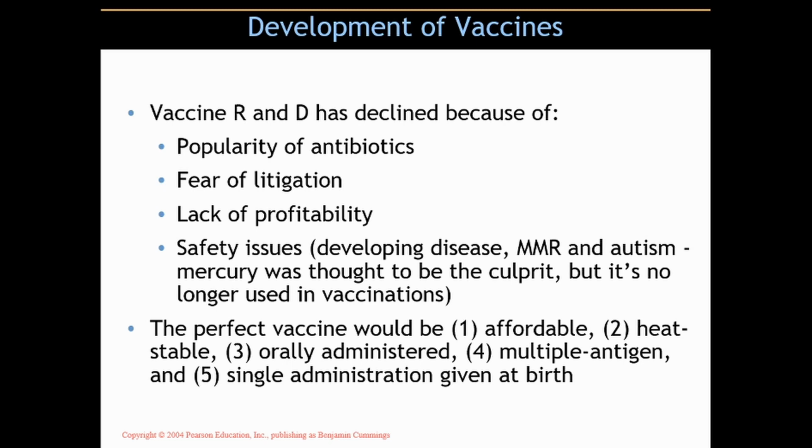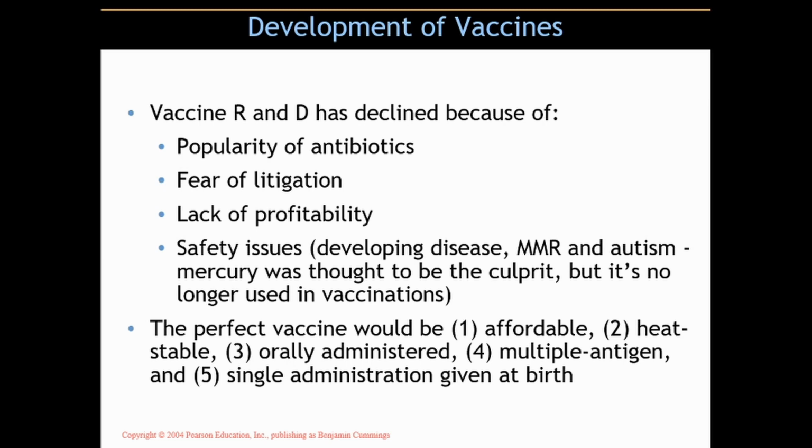Will we get there? I don't know. We have these roadblocks that are preventing us from getting there, but hopefully some of them can be moved out of the way, and we can develop this perfect vaccine one day. There are so many variables that come into play: political, financial, legal.